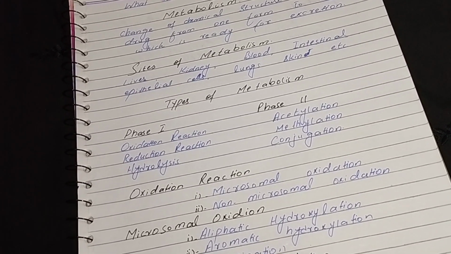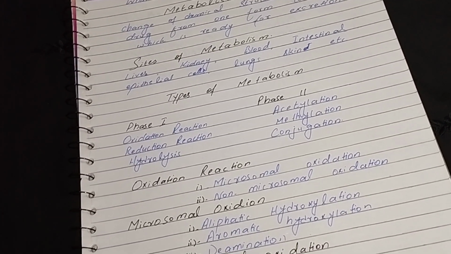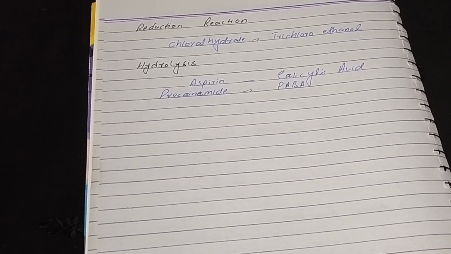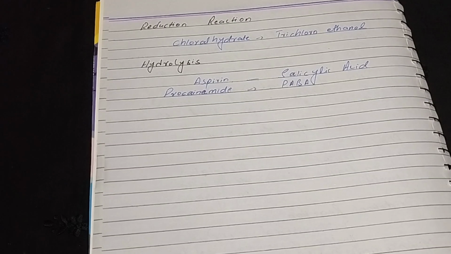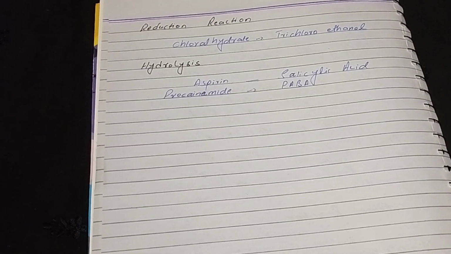Next we move towards hydrolysis. If we define hydrolysis, these are the reactions which take place in the liver and are carried out by enzymes. These are esterases and amidases, which hydrolyze the ester and amide groups of the drug.